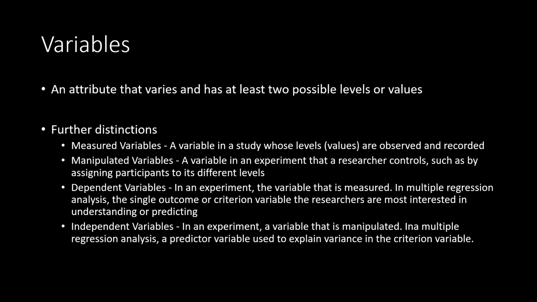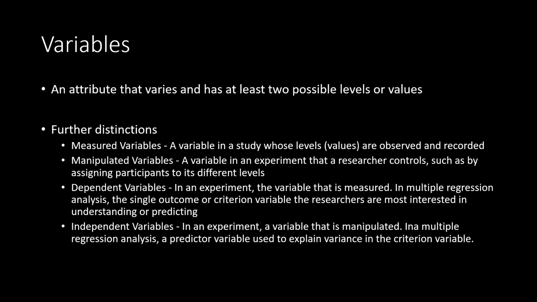In this example, the manipulated variable would be the degree of exercise I made people take part in. So one set went running and the other set just sat on a couch playing video games. And those are now my two levels of exercise, and I'm looking at how that impacts how much they're going to eat. And in that case, the amount that they eat is my measured variable that I'm now just recording.